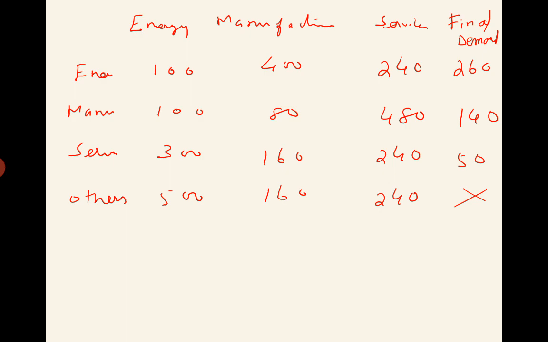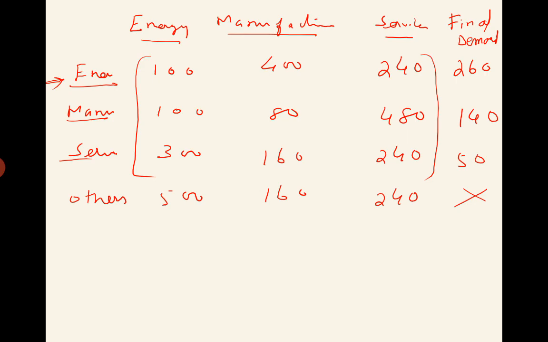The body matrix of this table involves three sectors: energy, manufacturing, and services, both in rows and columns. Here each row represents the output of every sector. The first row gives an idea of the total output of energy.